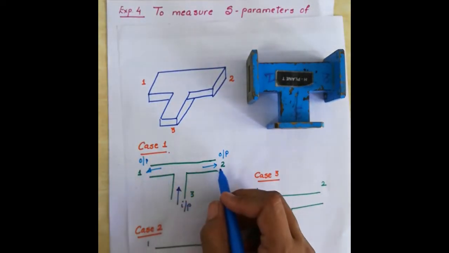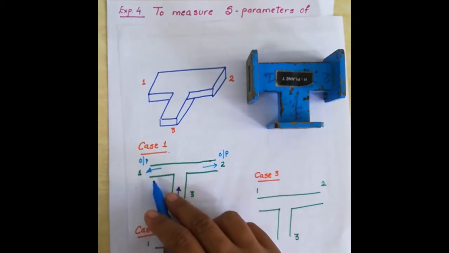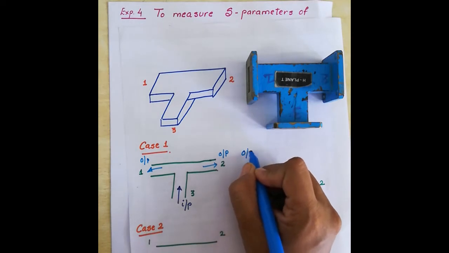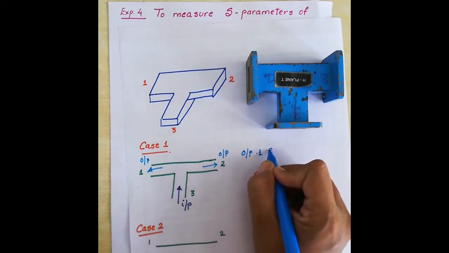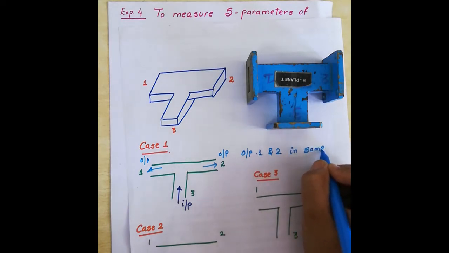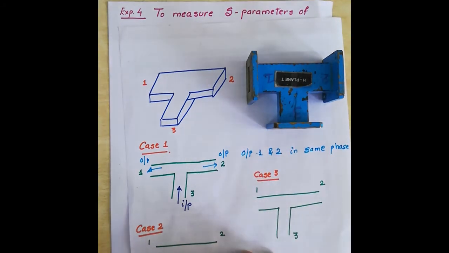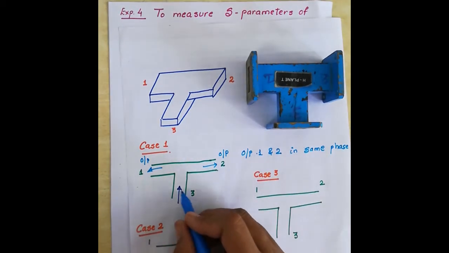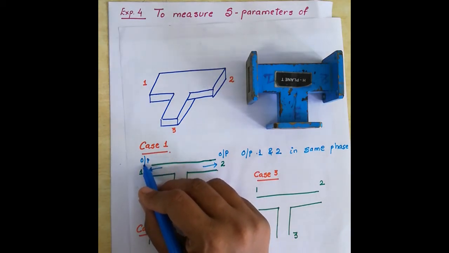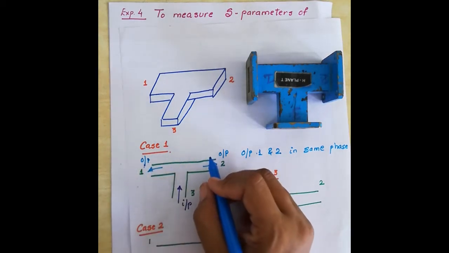The outputs from port number 1 and 2 are in the same phase, and whatever input is given is divided half into port number 1 and port number 2.